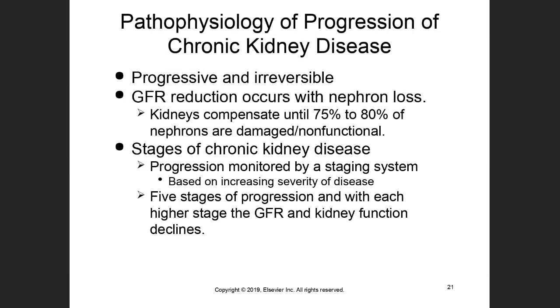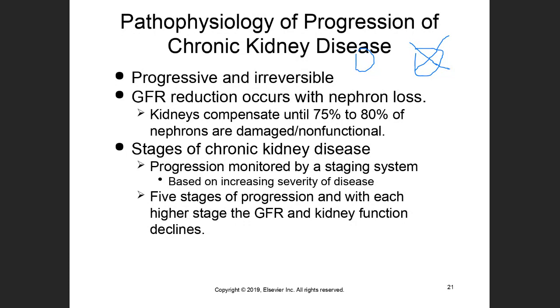One kidney has 1 million nephrons and the other has 1 million nephrons. We have on average about 2 million nephrons. This one is 50% and this one is 50%. If you remove this one, your capacity is not reduced by 50%. Your capacity is reduced by 20 to 25% because the other kidney is going to compensate basically half of the function of this kidney. It's called the intact nephron theory.